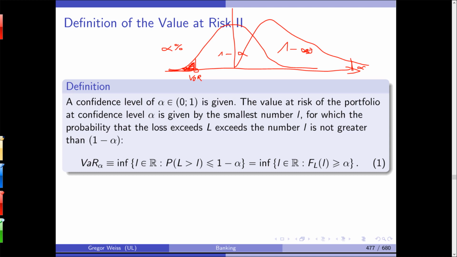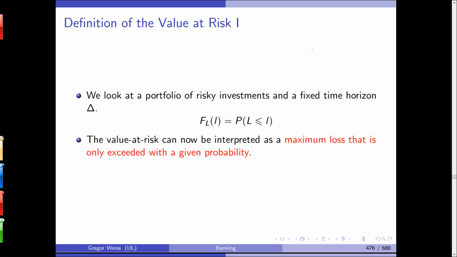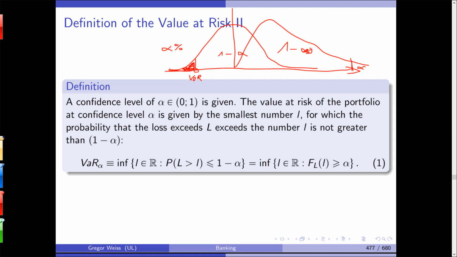And you will find a lot of wrong definitions in the literature. Always be careful when you see something with maximum loss. The problem is that, yes, you can interpret it in a slightly different way as a maximum loss. However, the probability that you will incur a loss that is more detrimental than the VaR, this probability is always alpha percent.